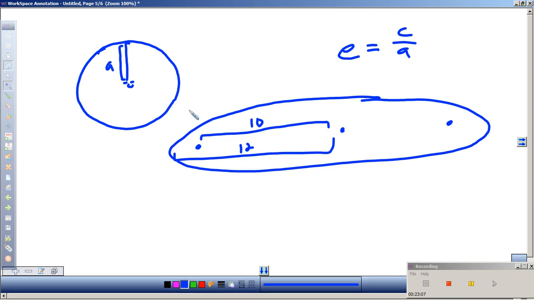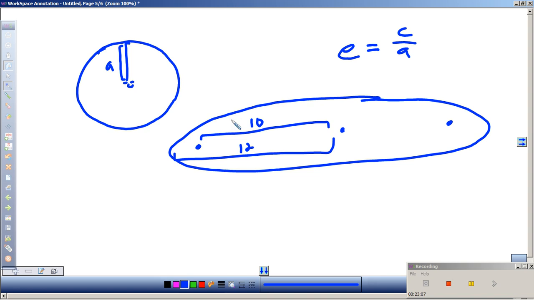So as you get more and more flattened or non-circular, it goes closer and closer to 1. So eccentricity of 1 would be a straight line, and it wouldn't really be an ellipse anymore. The closer you are to 1, the flatter it is.